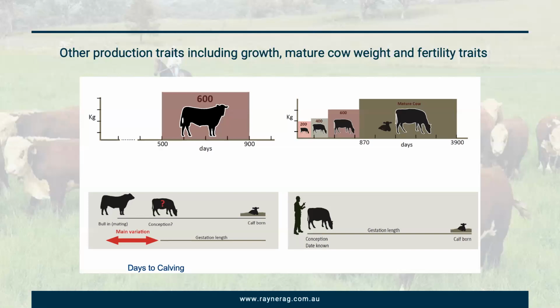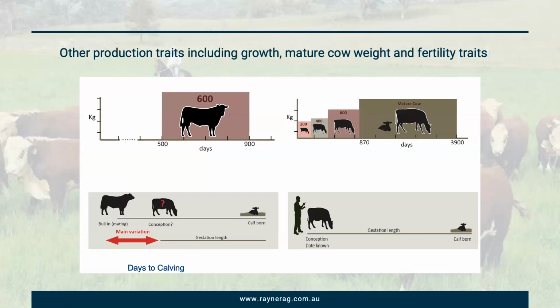So if you start to select for growth, you will end up increasing the size of your mature cows, which means you'll increase your feed demand and eventually get to a point where you may be running fewer cows than you were 10 or 12 years before. And so it is important that we think about the impact of some of these traits and not use what we call just single trait selection.